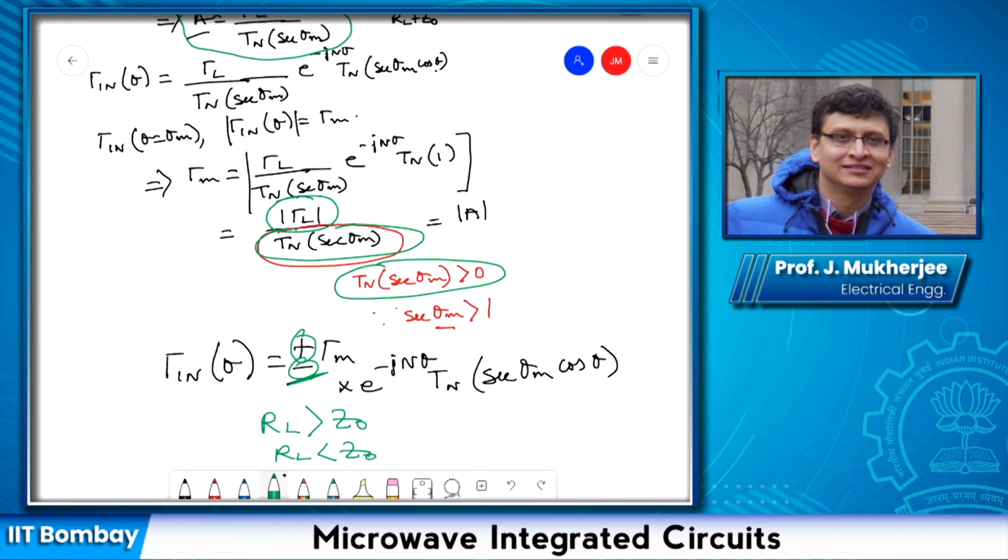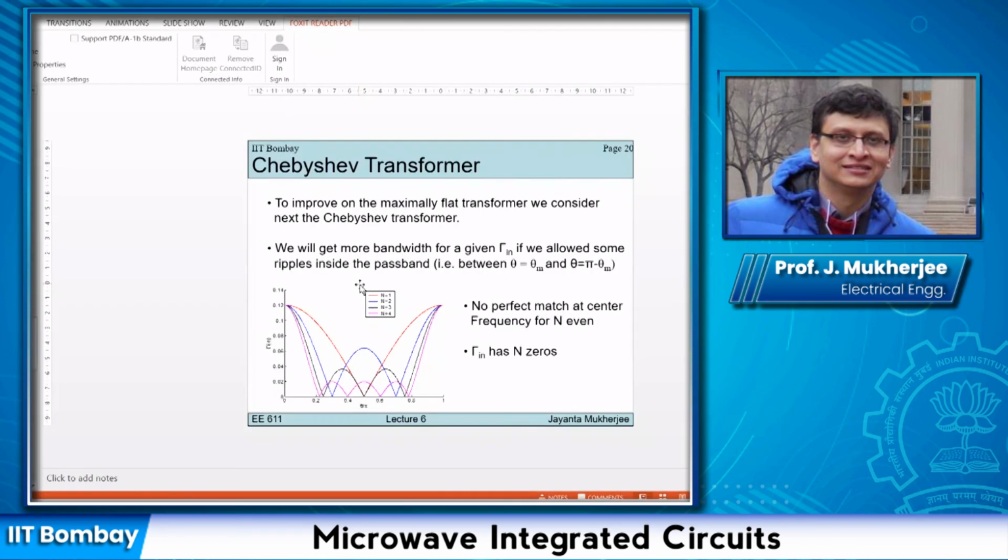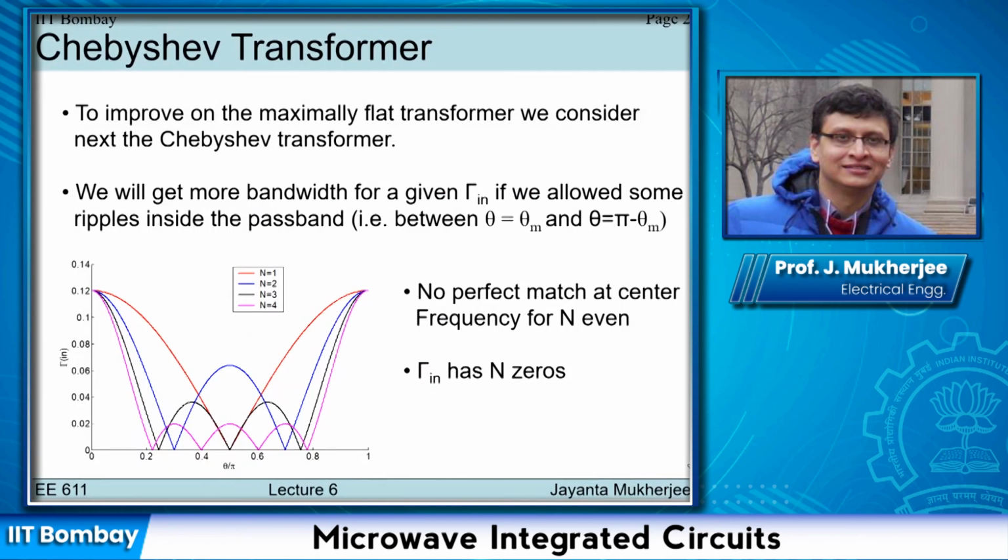Now, if we plot this prototype function, then it looks something like this. Let me again share my slides. This graph shows the Chebyshev prototype function, that is the gamma n value, not just the Chebyshev polynomials, for the various orders n equal to 1, 2, 3, and 4.